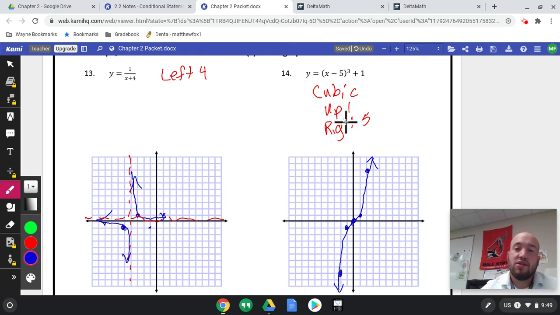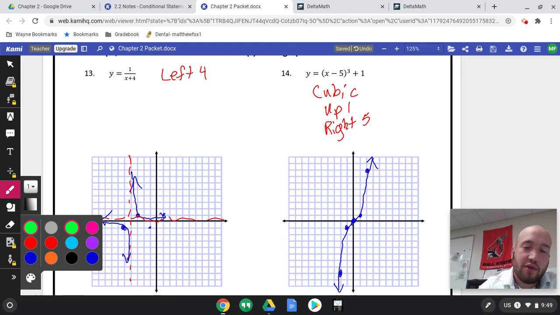So either you can take each of those points and just count them up 1, right 5. So starting in the middle, up 1, right 5. The next one, up 1, right 5. Up 1, right 5.